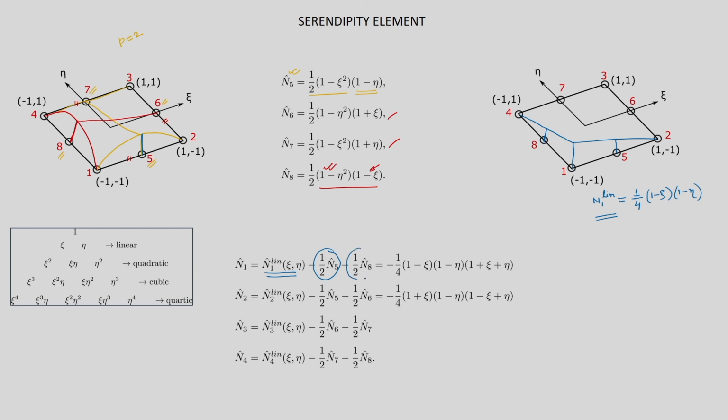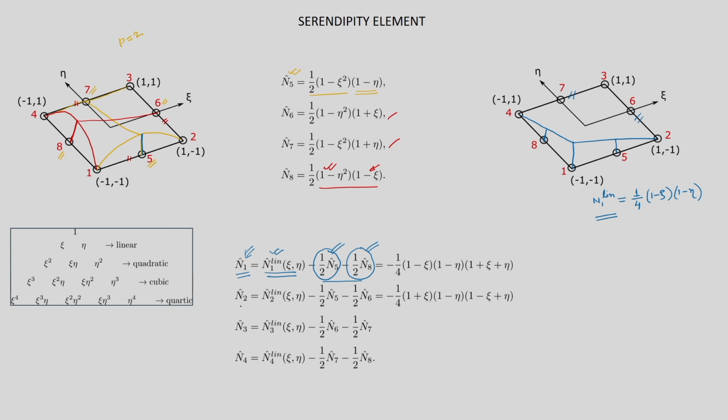These two parts ensure that N1 becomes 0 at node 5 and node 8, and anyway N1 linear is 0 along these two boundaries. So, it satisfies all the required conditions. Since these are quadratic functions in xi and eta, N1 becomes quadratic in xi and eta.